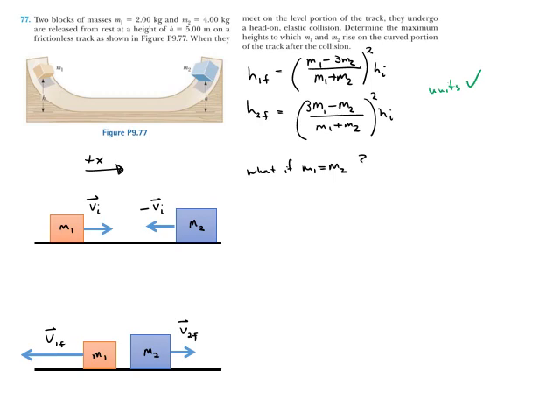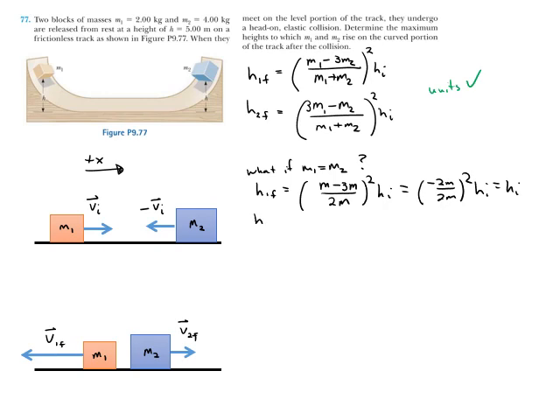So what happens in that case? We would have h1f would just be m minus 3m over 2m, squared, times hi, and that's minus 2m over 2m, squared, times hi, which is just hi. So the initial height is equal to the final height.